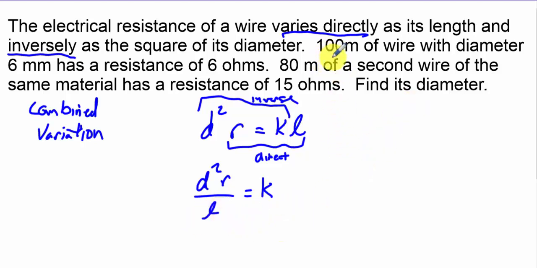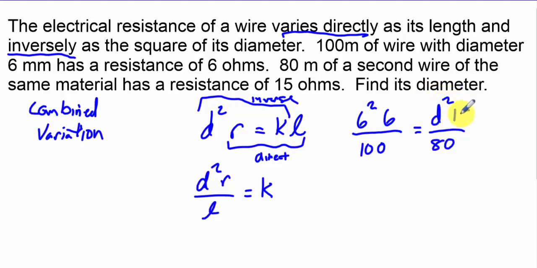So to solve this, I have 100 meters of wire. That's a length. Diameter is 6, and resistance is also 6. That's going to equal 80 meters, and I'm looking for the diameter, and I have 15 ohms.